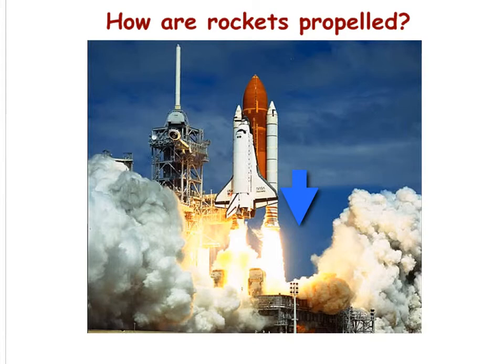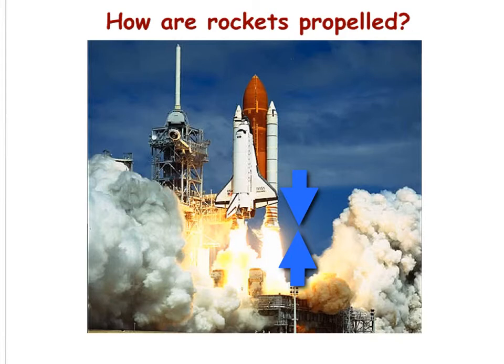Right here, this arrow represents the force of the rocket on those gases. There's also the force of those expelled gases back on the rocket. This is the force that is propelling the rocket forward or up.